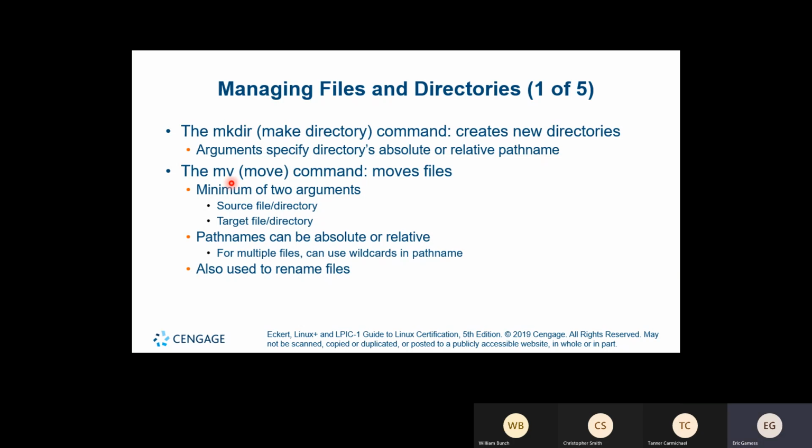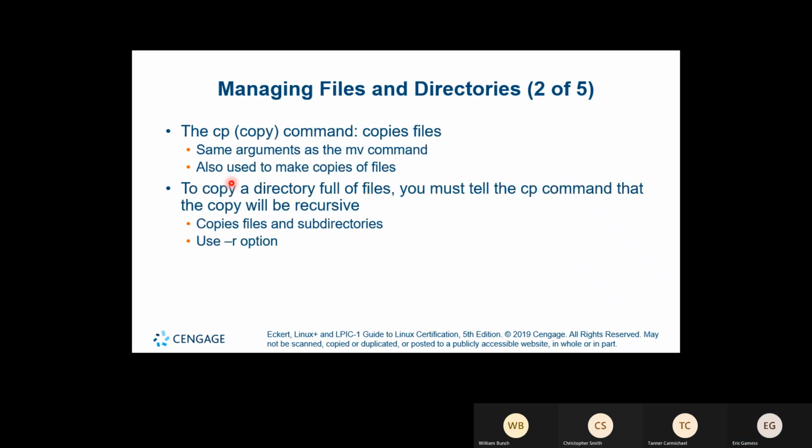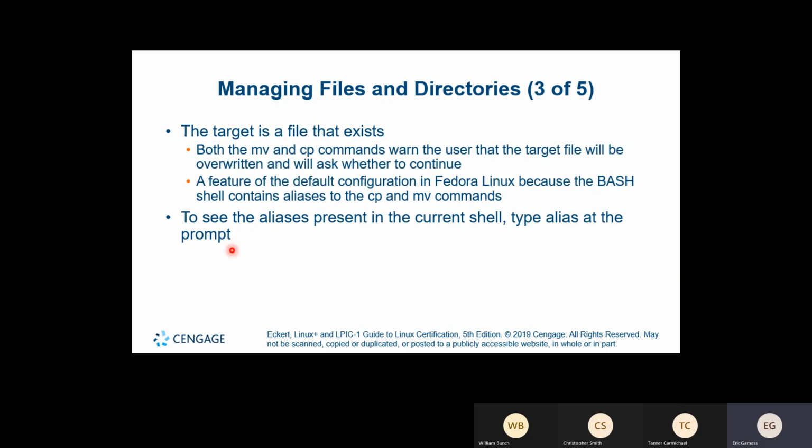For an absolute path, I start from the root, the slash. The cp command will allow me to copy a file or a directory. If I'm going to copy a directory, I need to use the option -r, for recursive. So it will copy the whole directory.